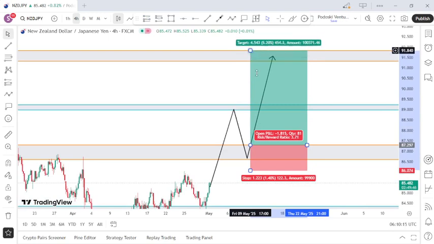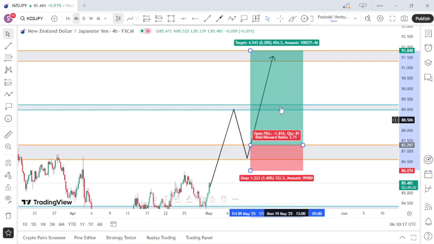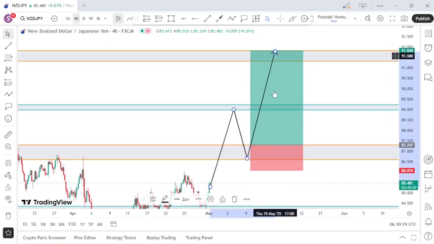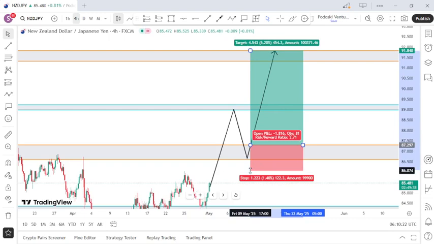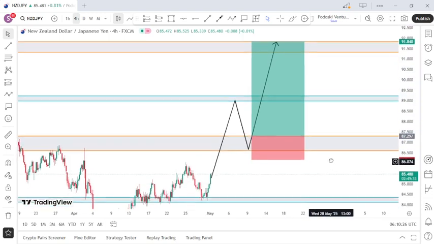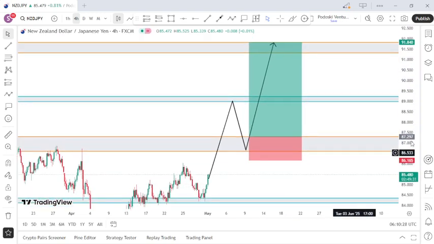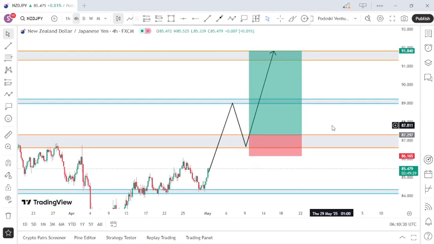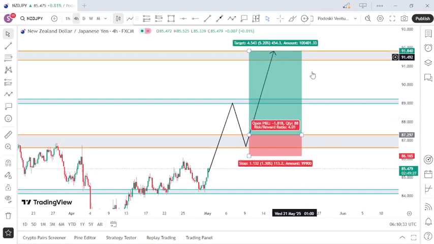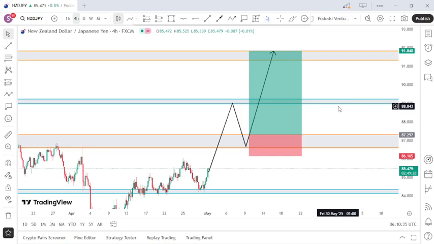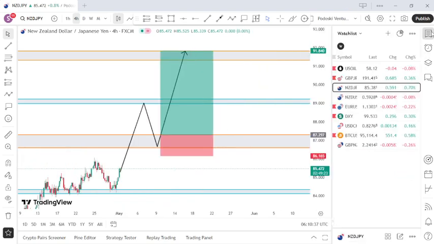So this is how you are going to pick the entry on NZDJPY. This will be the complete entry on NZDJPY.